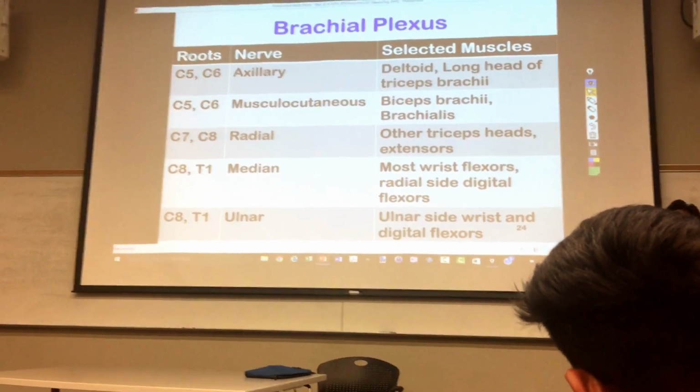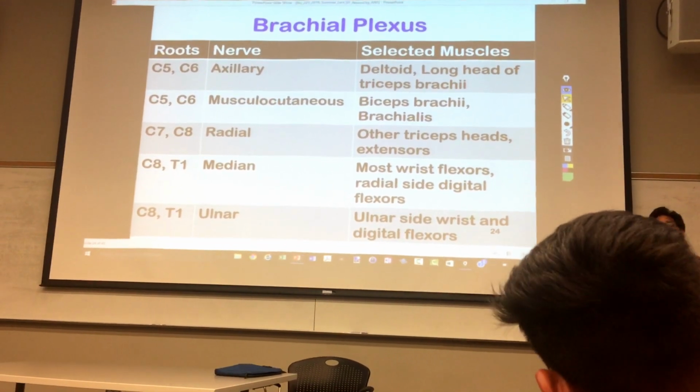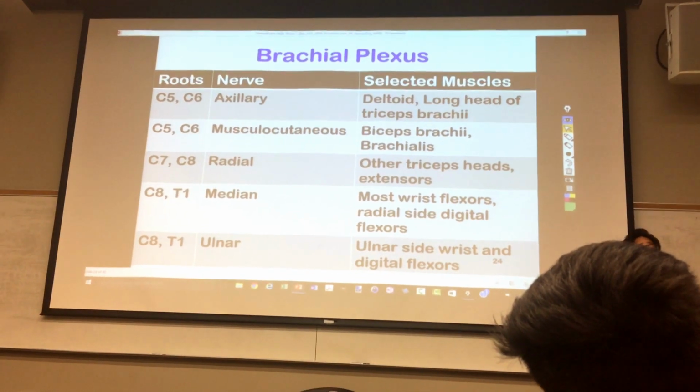So realistically, I will ask you questions where I tell you this muscle can still contract, but this particular dermatome does not feel anything. Where's the problem?